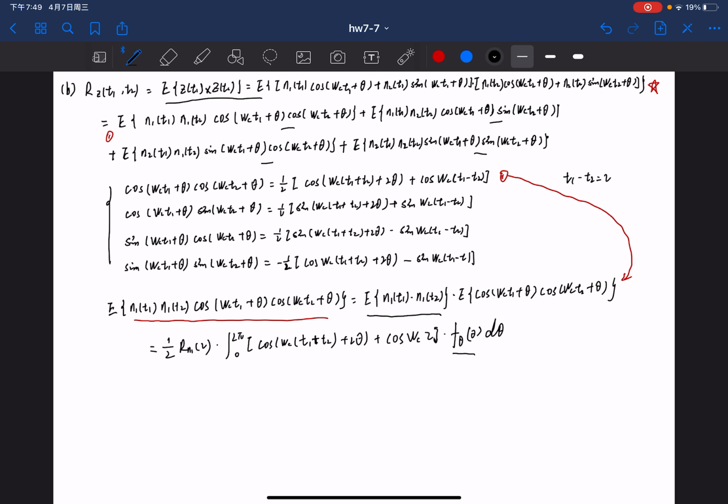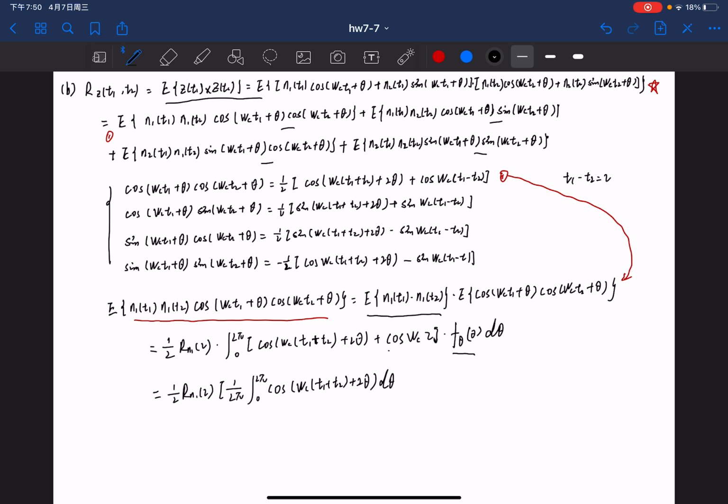multiplied by the probability density function of theta and d theta. And because this part is equal to 1 divided by 2 pi, we can calculate this part. It is equal to 1 divided by 2 R_n1(tau) multiplied by 1 divided by 2 pi, integral from 0 to 2 pi, cosine omega_c multiplied by the sum of T1 and T2 plus 2 theta d theta.